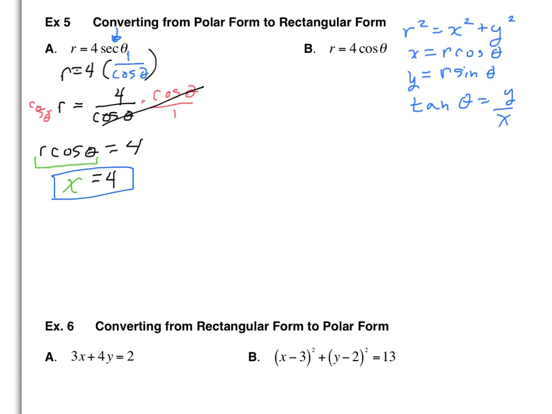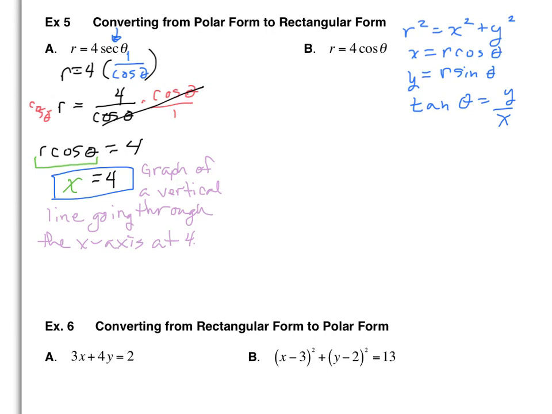So this is the graph of a vertical line going through the x-axis at 4. And then when I'm done, I'll show you how to put these into your calculator using the polar function.